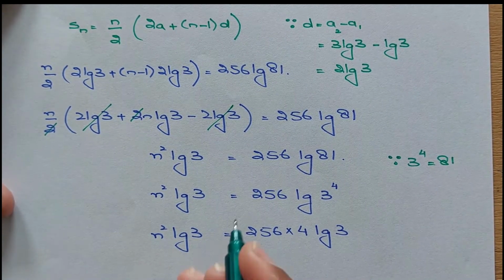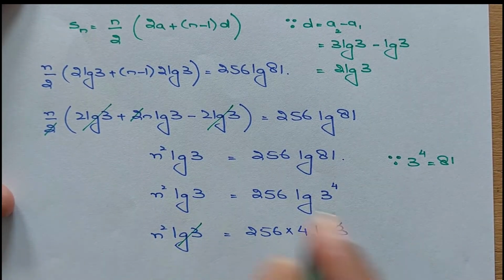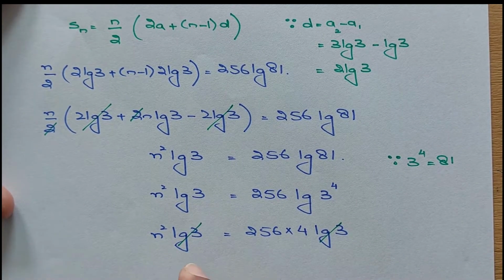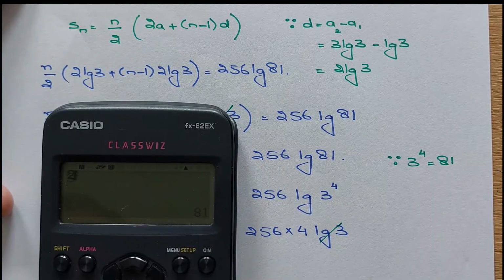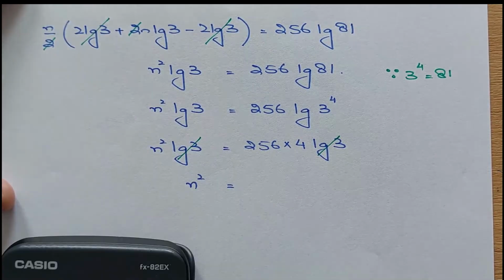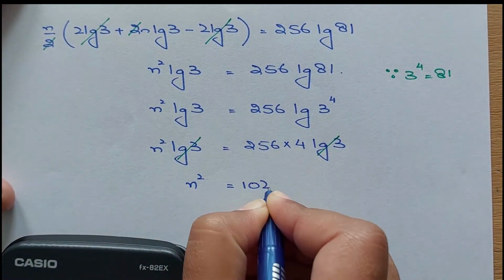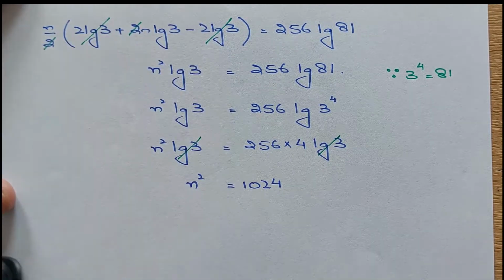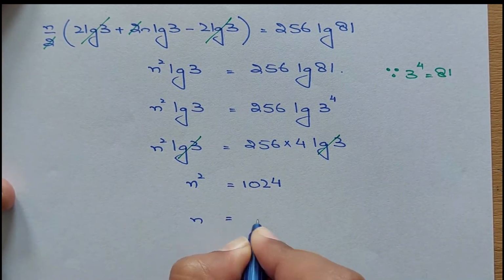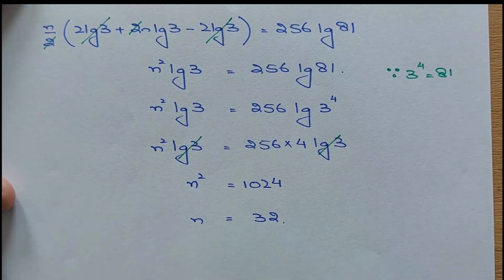Now cancel the log 3. And we have n square is 256 times 4, 1024. So square root of 1024 is 32. So the n value is 32 by taking the square root.